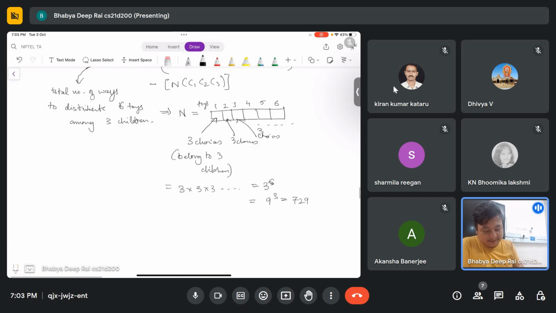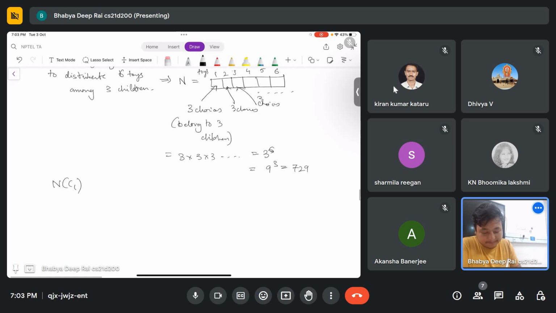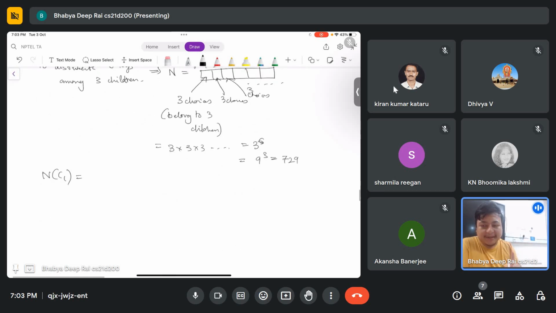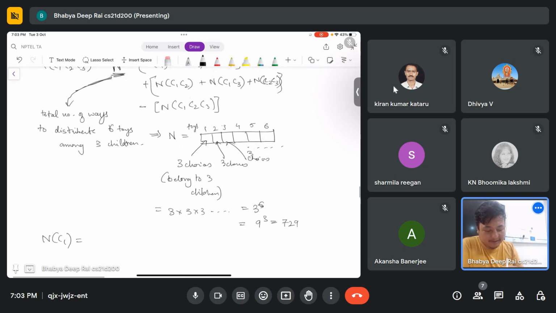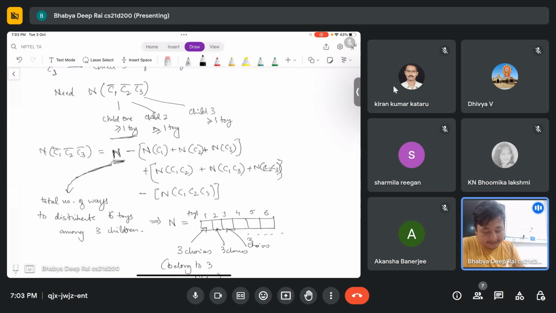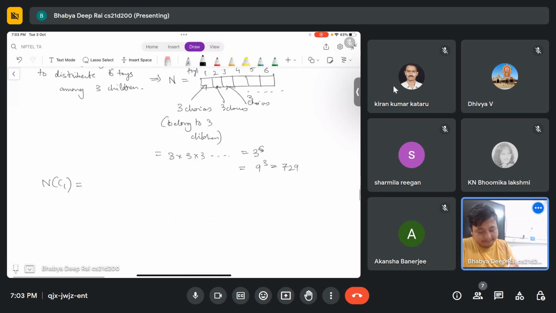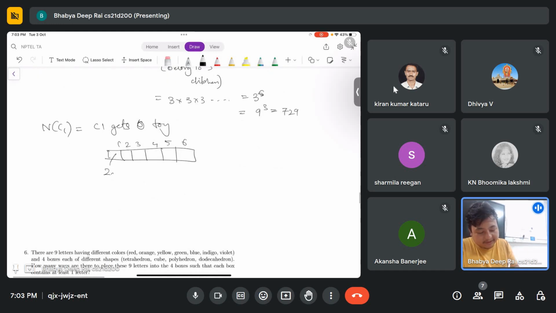So now it's straightforward. Let's count N(C1). N(C1) is the number of ways in which child 1 gets 0 toys. Which means if I have 6 places, 1, 2, 3, 4, 5, 6, I have 2 choices each, for child 2 and child 3.